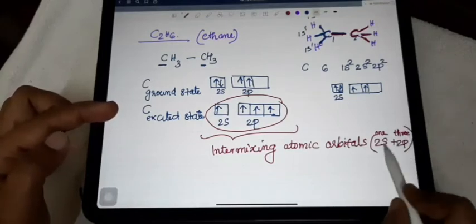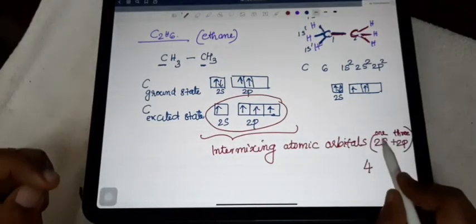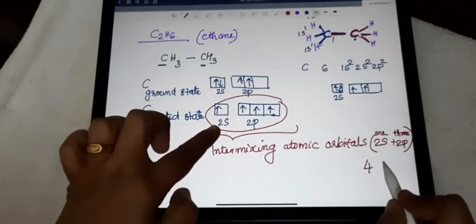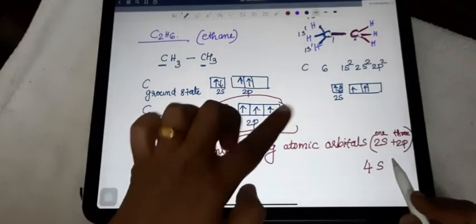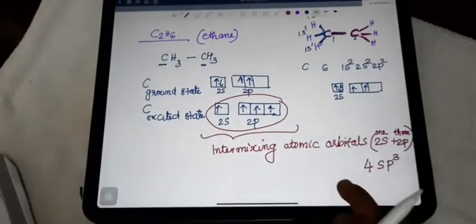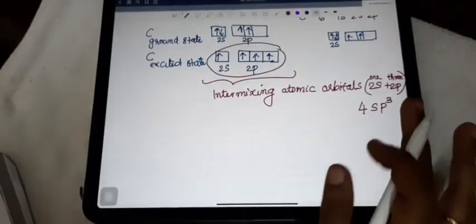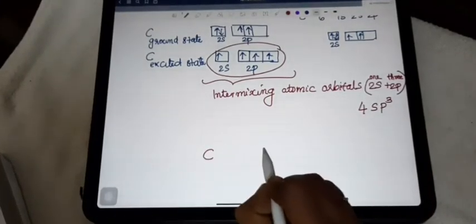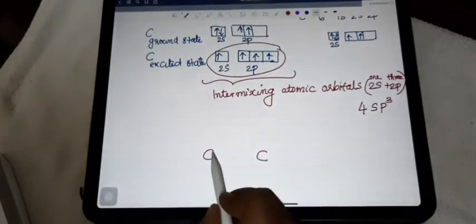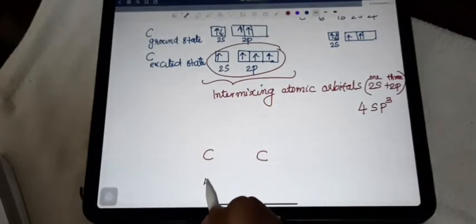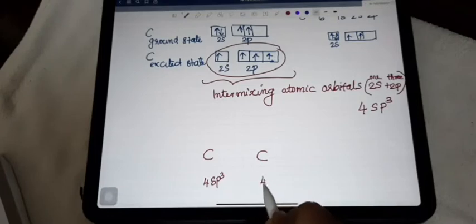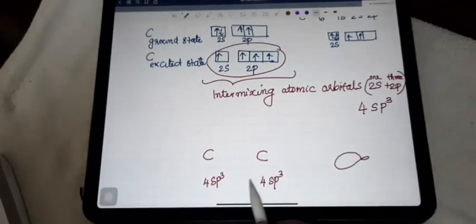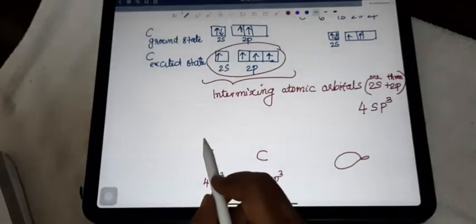So totally, how many? 1 plus 3 is 4. How many s are there, and how many p are half-filled? 3. So we get 4 sp3 hybrid orbitals on each carbon. Here we can draw the hybrid orbitals now. Each carbon has 4 sp3 hybrid orbitals. I told you how we can draw a hybrid orbital, so likewise we can draw like this.